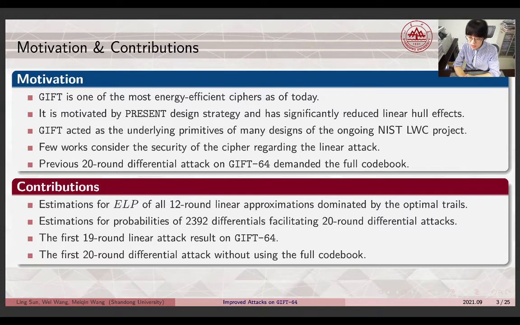Then, in parallel to the work in the linear setting, we give rough estimations for probabilities of 2,392 differentials facilitating the 20-round differential attack. Then, benefiting from the good performance of the newly detected distinguishers, we propose the first 19-round linear attack and the first 20-round differential attack without using the full codebook.